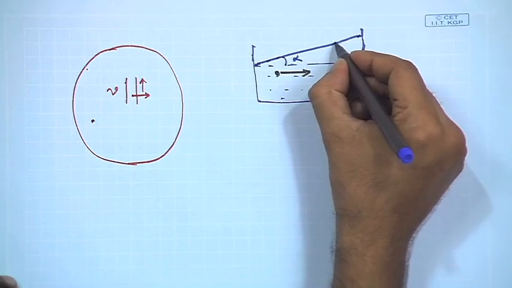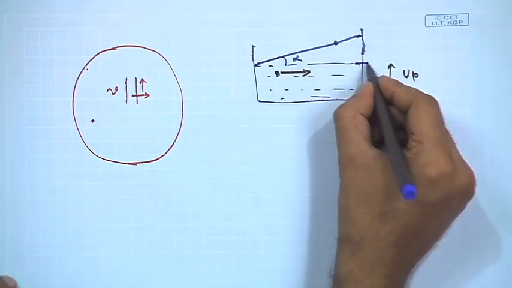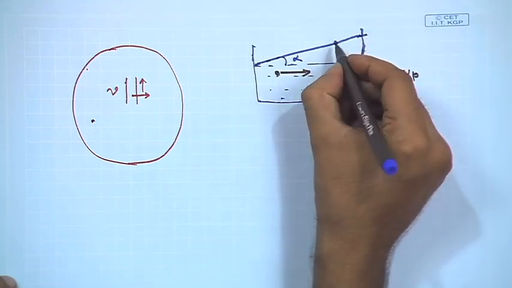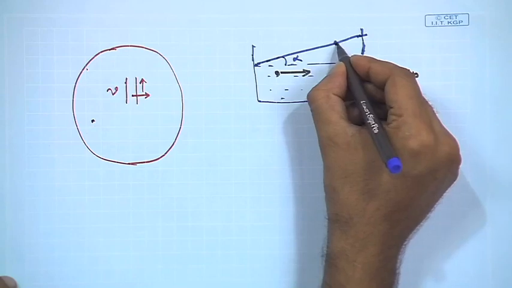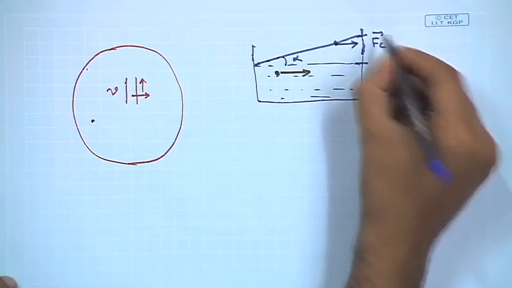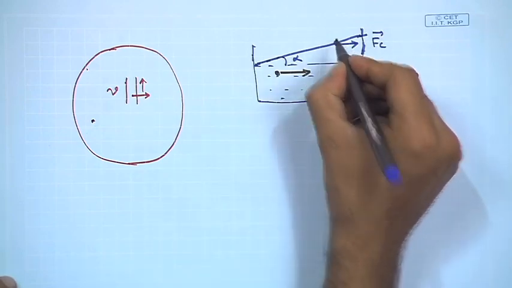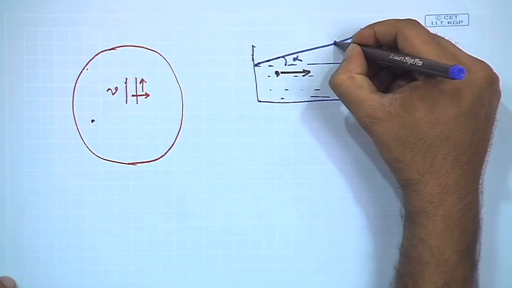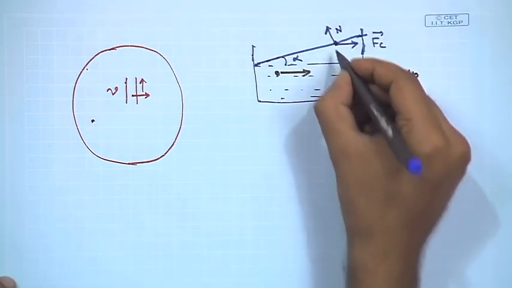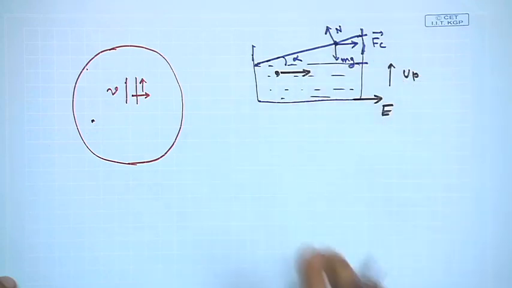Now, any particle on this surface will experience three forces. One force is due to Fc, the Coriolis force, towards east. There is a normal reaction, perpendicular to this surface, given by n, and there is mg which is working downwards.